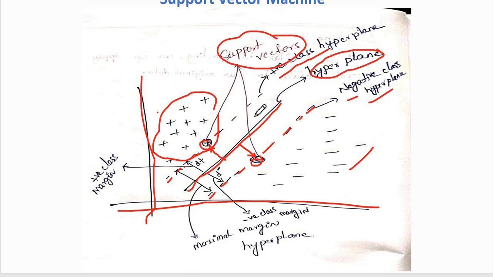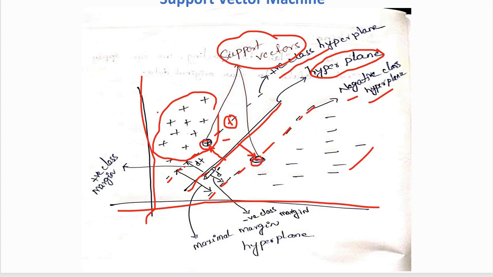We may have any number of closest points. For example, here we have one positive and one negative, but we may also have more than one. Here we have three closest points, two positive and one negative. So support vectors are the closest points from the hyperplane.